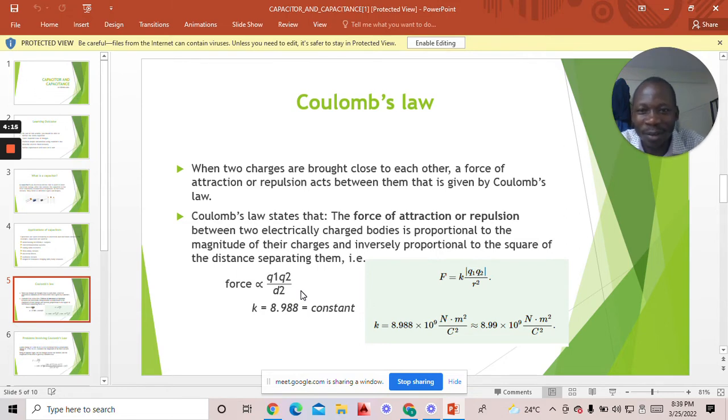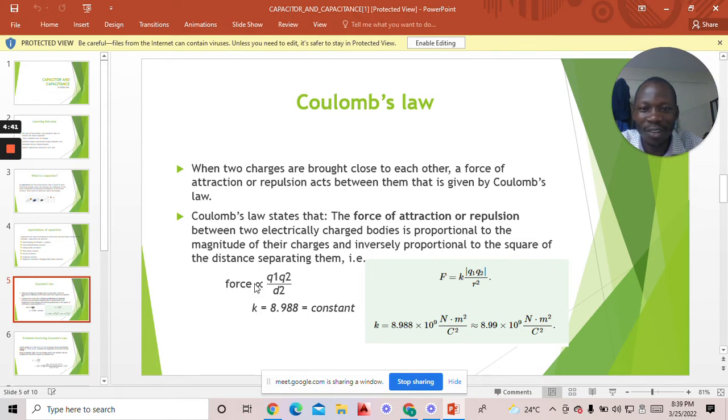And the strength of that force is given by Coulomb's law, which states the force of attraction or repulsion between two electrically charged bodies is proportional to the magnitude of their charges and inversely proportional to the square of the distance separating them.